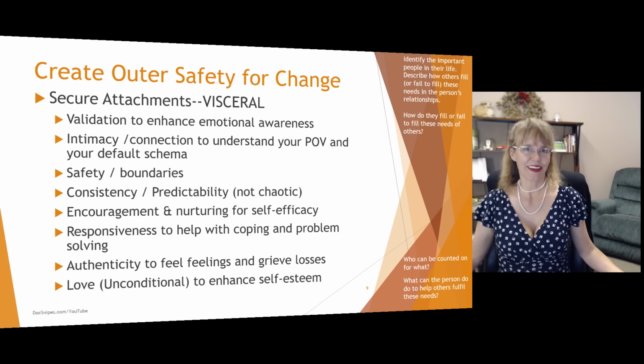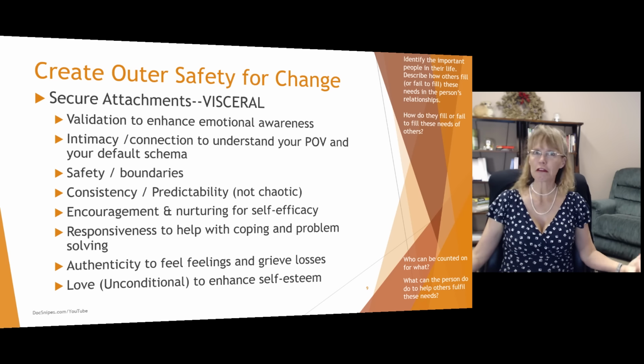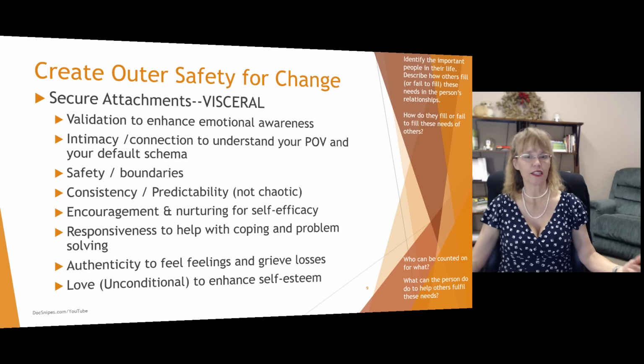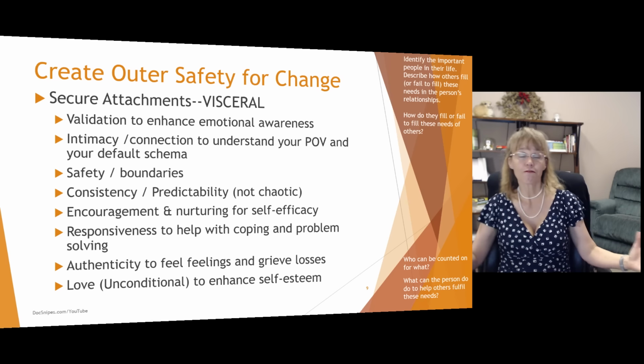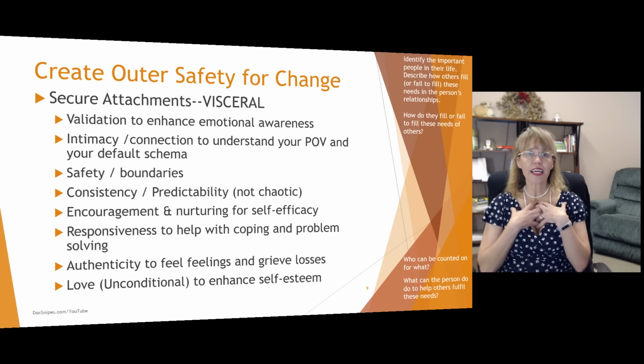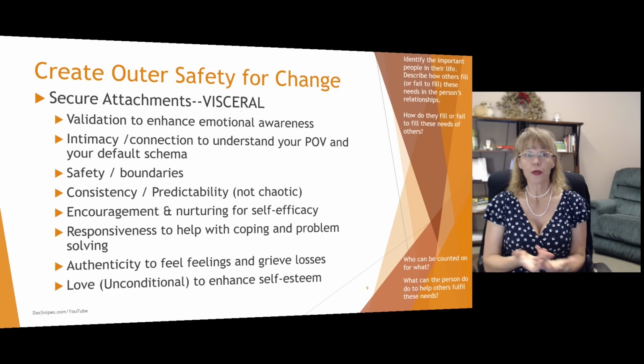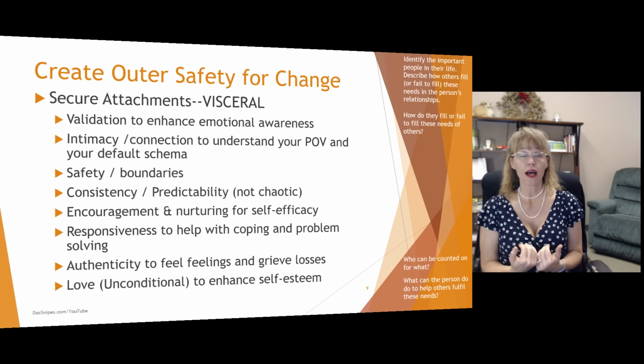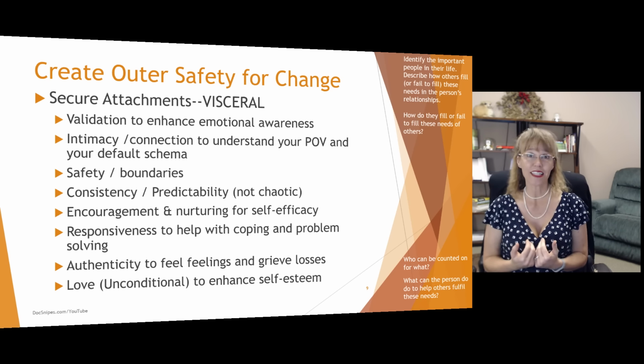What does it look like? We've all heard about the different love languages. What does it look like for your client to receive encouragement, nurturance, and unconditional love? That's going to look different for different people. So if the client assumes that other people know what they need, they assume other people are going to read their mind. They're often going to be disappointed and may feel rejected.